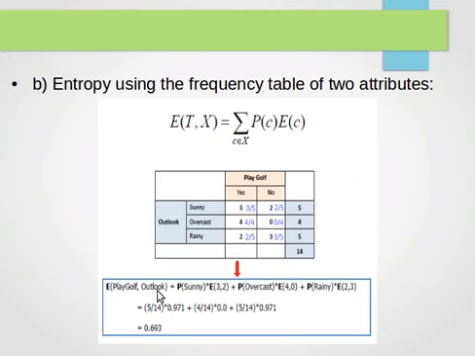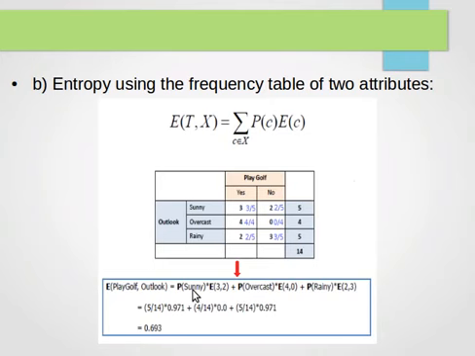Here our variable is Outlook, so we do that over the three values: sunny, overcast and rainy. Probability of sunny times entropy of the values for sunny, i.e. 3 and 2, plus, because we have summation here, the probability of overcast times the entropy of 4 and 0, plus the probability of rainy times the entropy of 2 and 3.